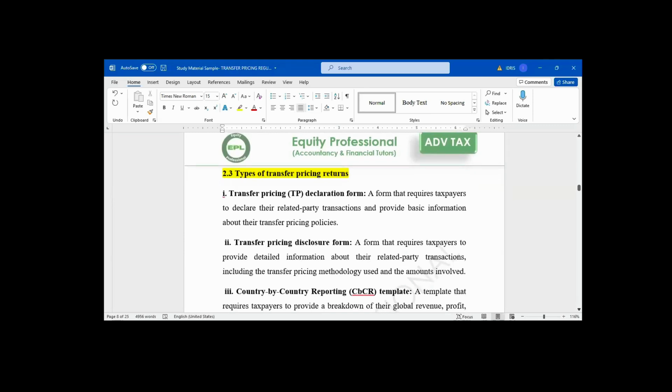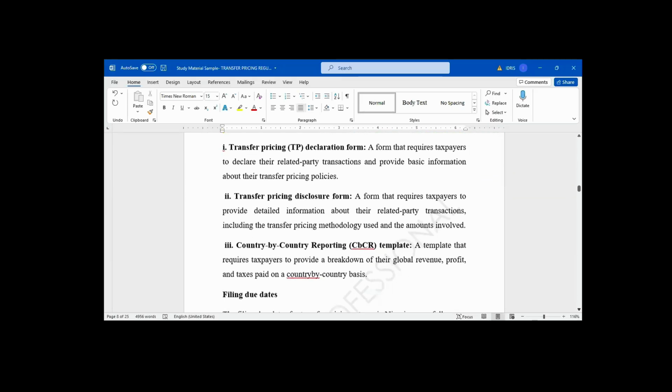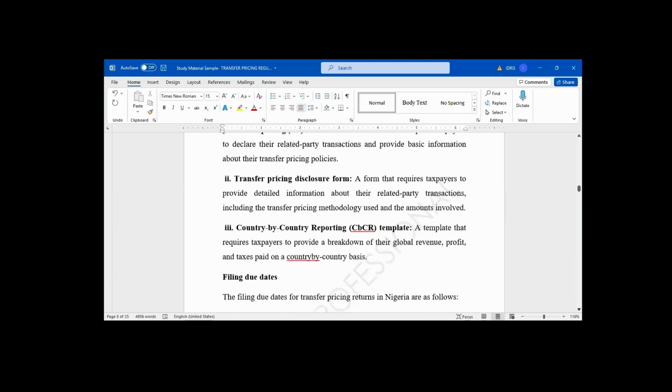Second, the transfer pricing disclosure form. While filing, you fill the declaration form and also the disclosure form. The last form you are going to fill is the country by country reporting template, which is the breakdown of your global income, global profit, global tax and global expenses.